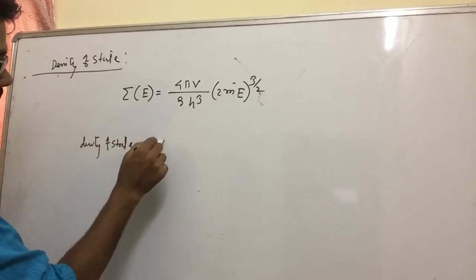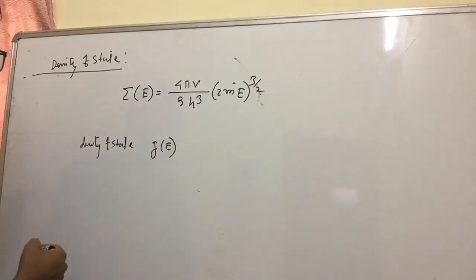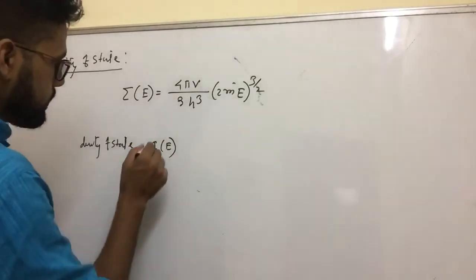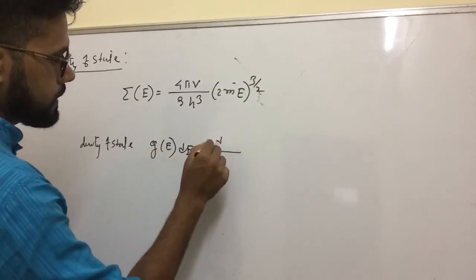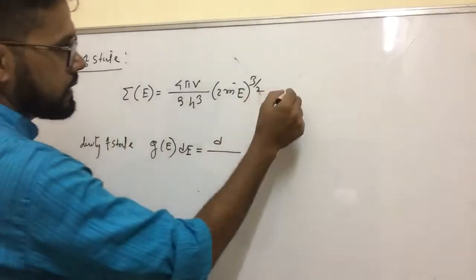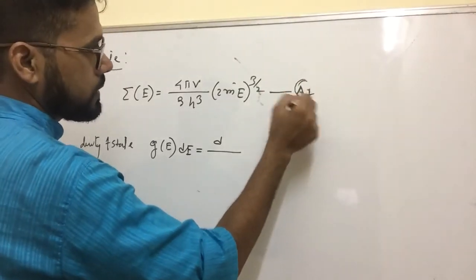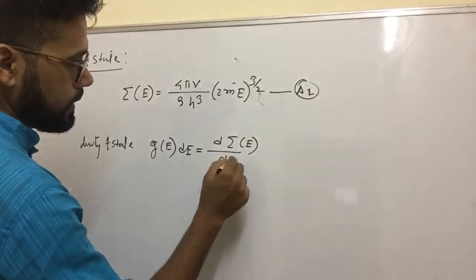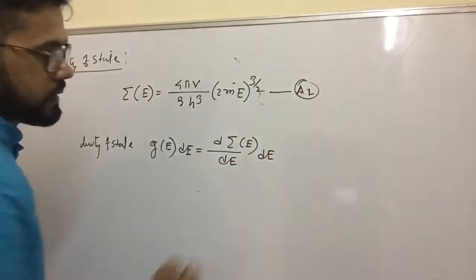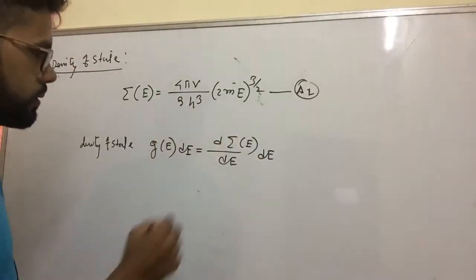represented by g(E) dE. You can express dN equal to the differentiation of this equation. Just differentiate equation 2, that is, differentiate sigma E with respect to E into dE. Simple, just differentiate this equation and you will get the density of state.